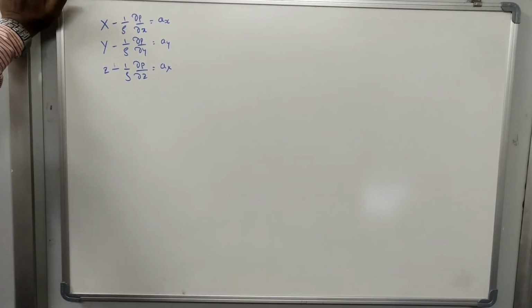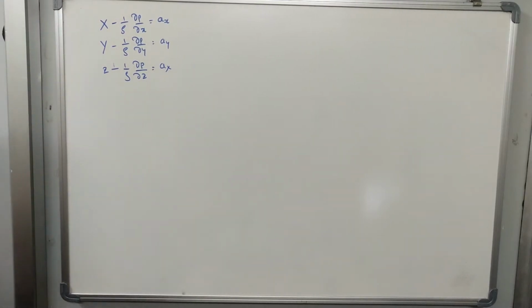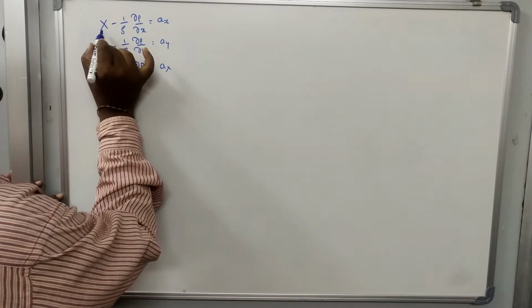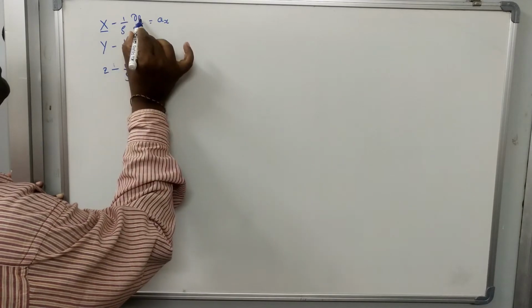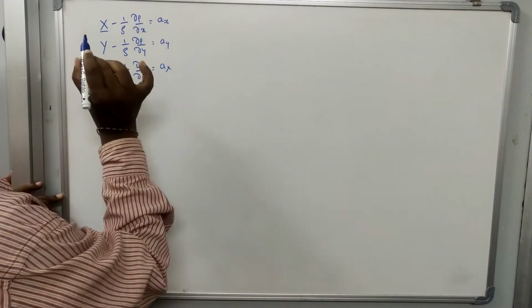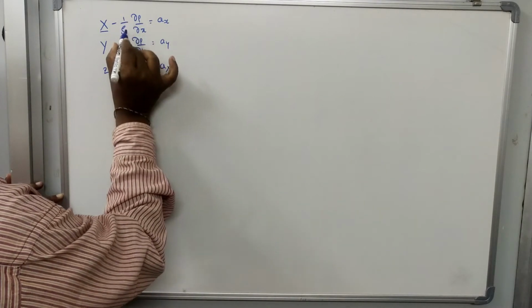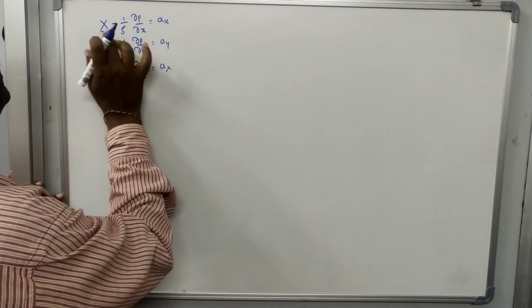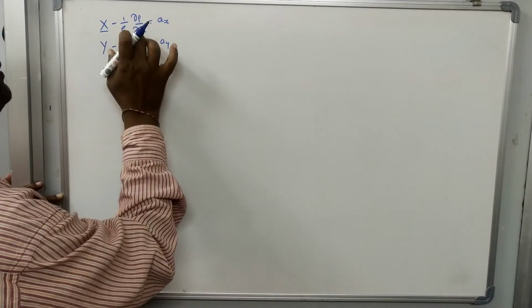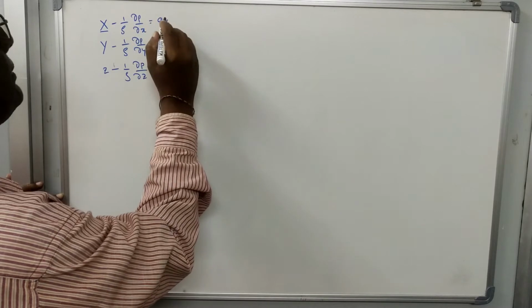Another one is the surface force, that is the force which is going to act on the surface of the fluid particle. So here X is the body force and p is the surface force. In X minus 1 by rho ∂p/∂x, this is the body force, this is the pressure force, and this is the acceleration.